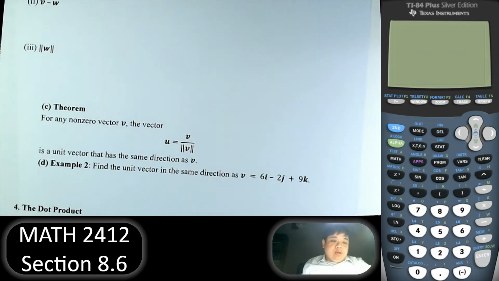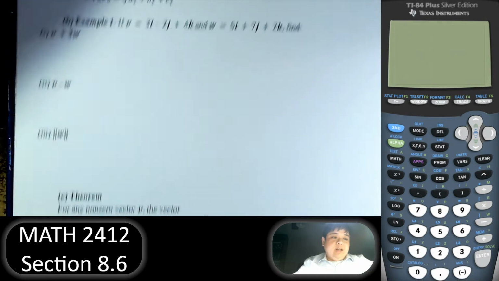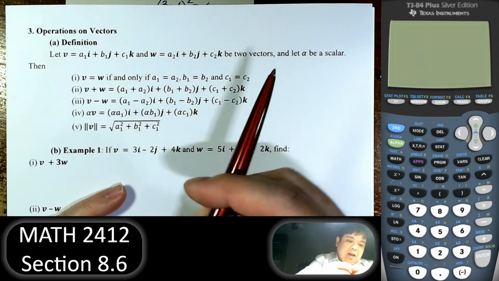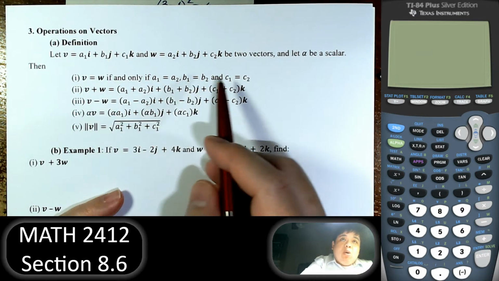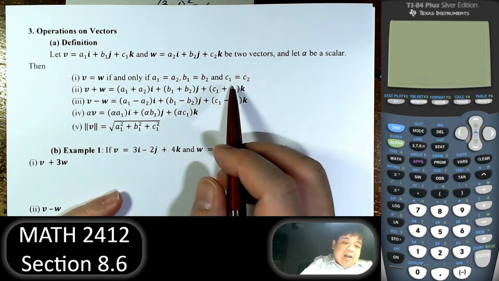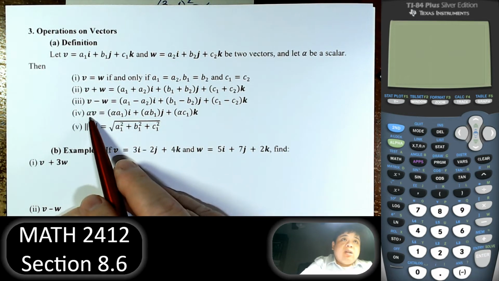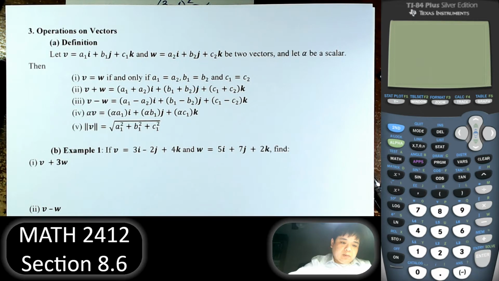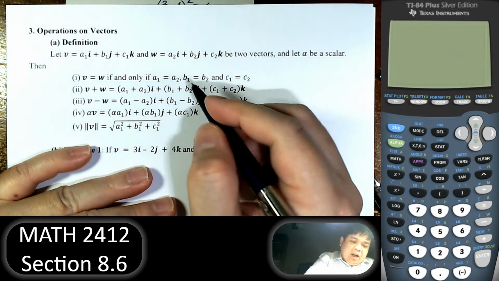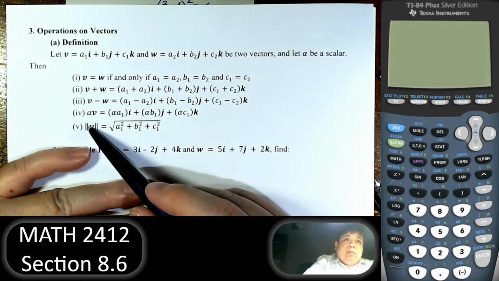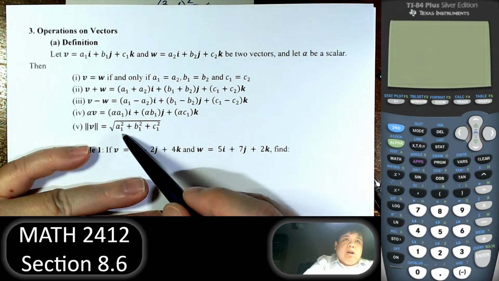Right, now let's do some math of three-dimensional vectors. Of course, same thing. Two vectors are equal if the components are equal. We can add two vectors, subtract two vectors, multiply by a scalar. In which case, of course, we can write this in angular bracket notation, and then the magnitude of the vector is the square root of the sum of the squares of the components.